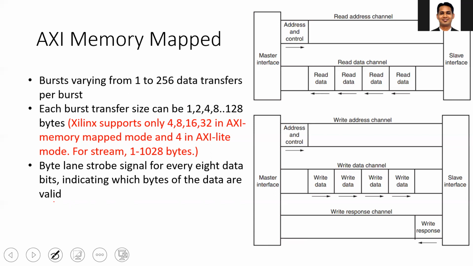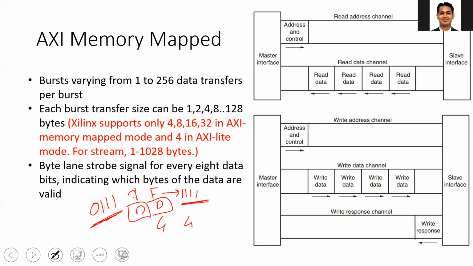For example, you have data of 4 bytes each. Here the strobe signal can be F, that is 1111, indicating all the bytes are valid. And here it can be 7, which is 0111, indicating out of 4, only 3 bytes are valid. So by using this additional signal, you can enable more efficient transfer of data.